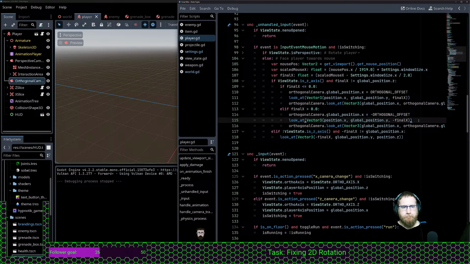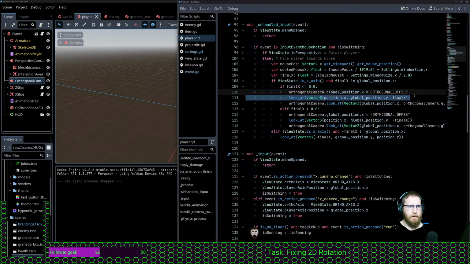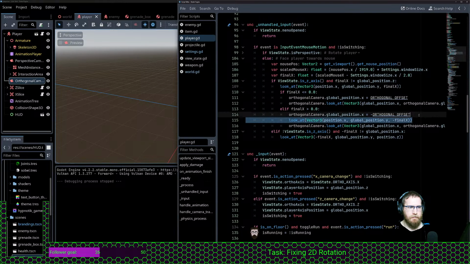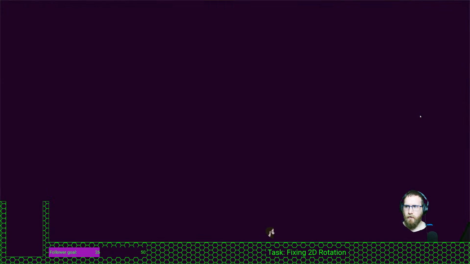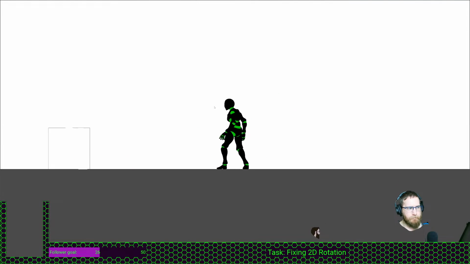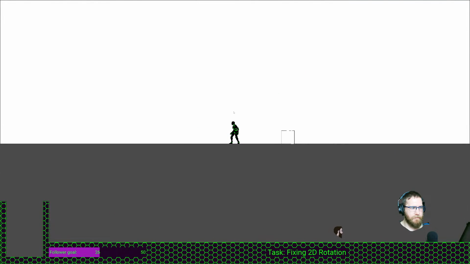Hmm. Having this out here just does the exact same thing, which is what it was before, and that wasn't working. It does that where it's not even facing the correct way anymore.